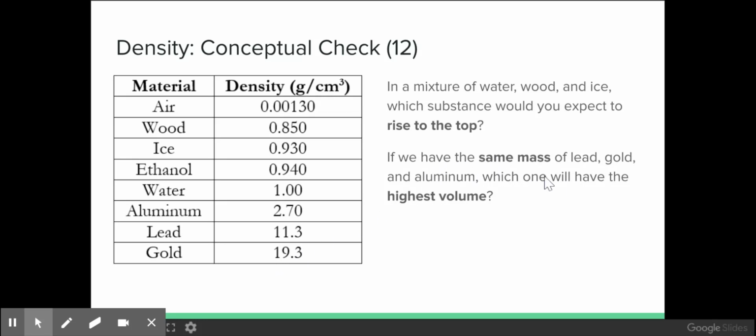If I have exactly the same number of particles of aluminum as I do lead and gold, gold particles are actually packed together the most, right? Because they are the densest. Aluminum has the lowest density, which means its particles are going to be the most spread out. So if I have the same mass, same number of particles, aluminum would have the highest volume because it would be the most spread out.